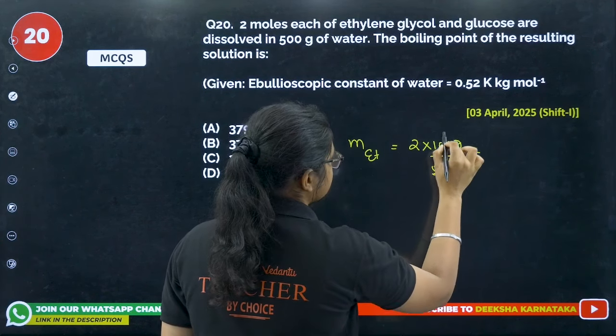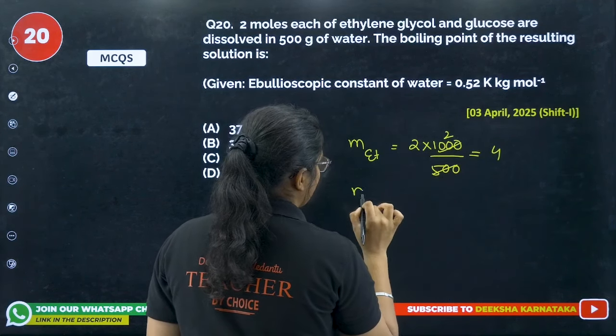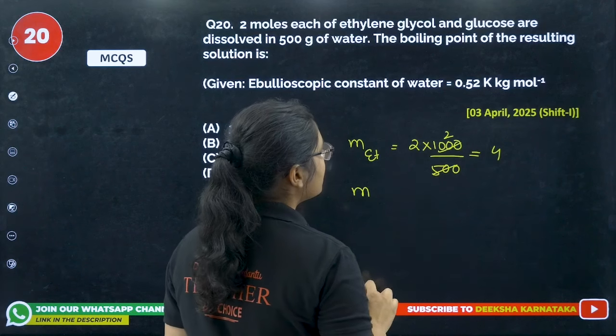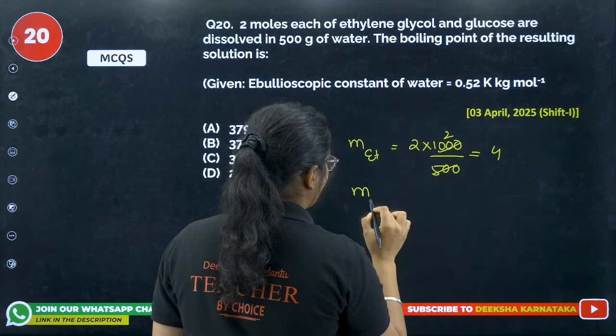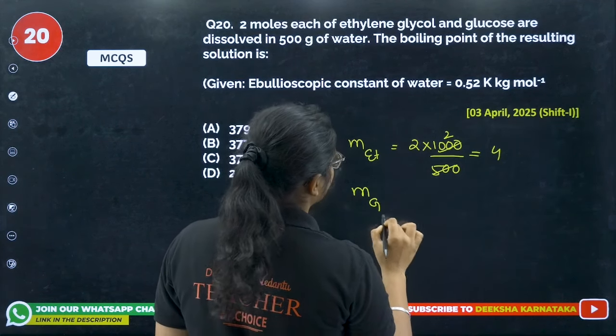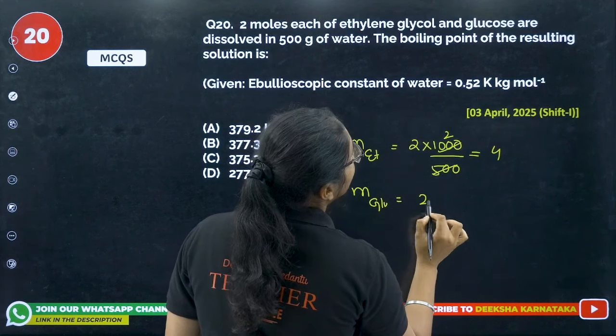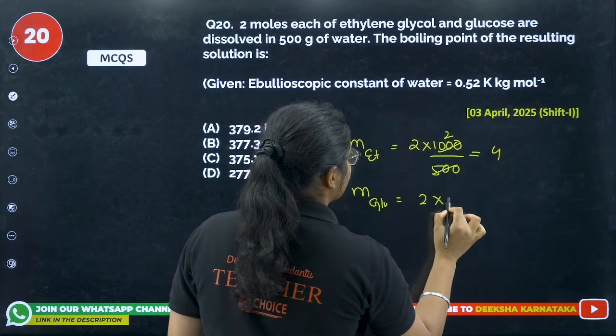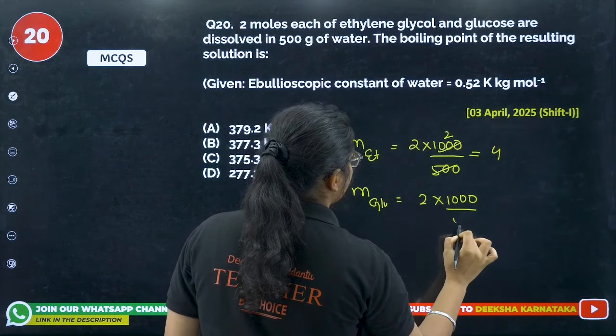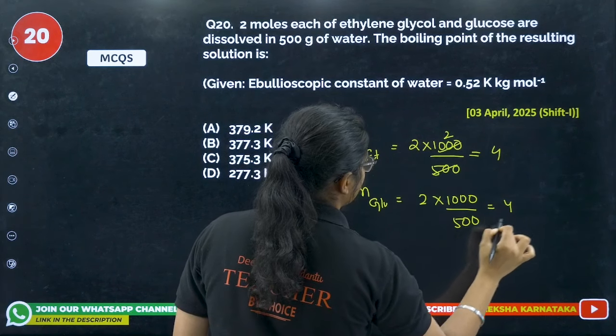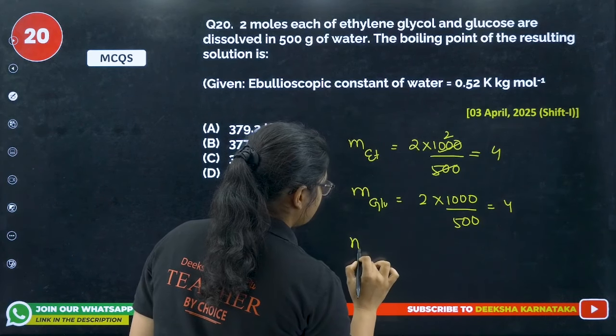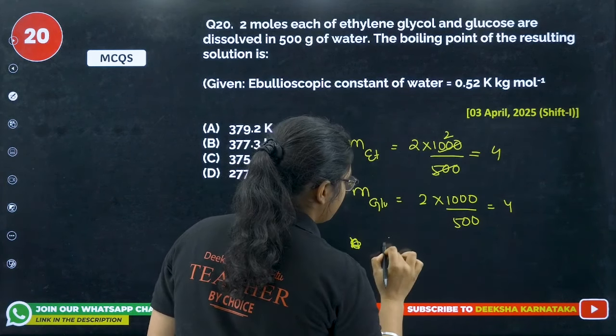So how much will I get? 4. And the molality of glucose, that is also 2 moles, and 1000 by 500, that will give me 4.